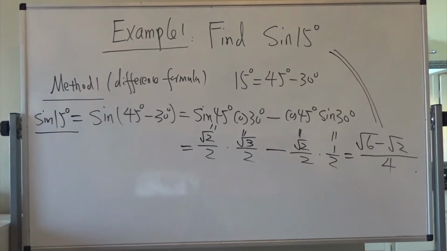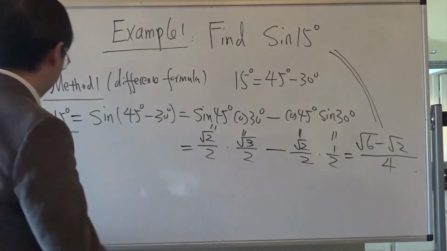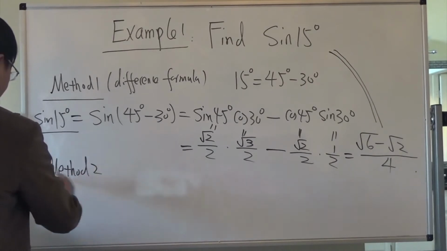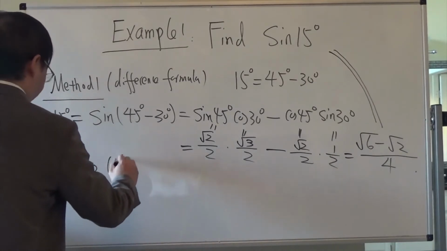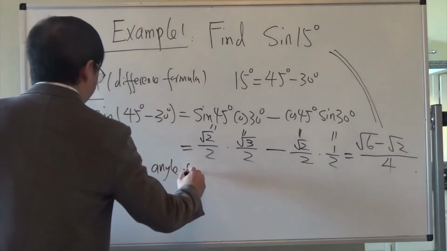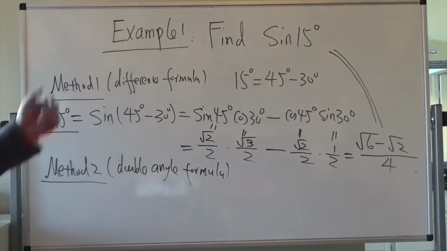Alright, now let's look at another method by using the double angle formula. Method 2. We use the double angle formula. Let's recall that. Here we are using sine.